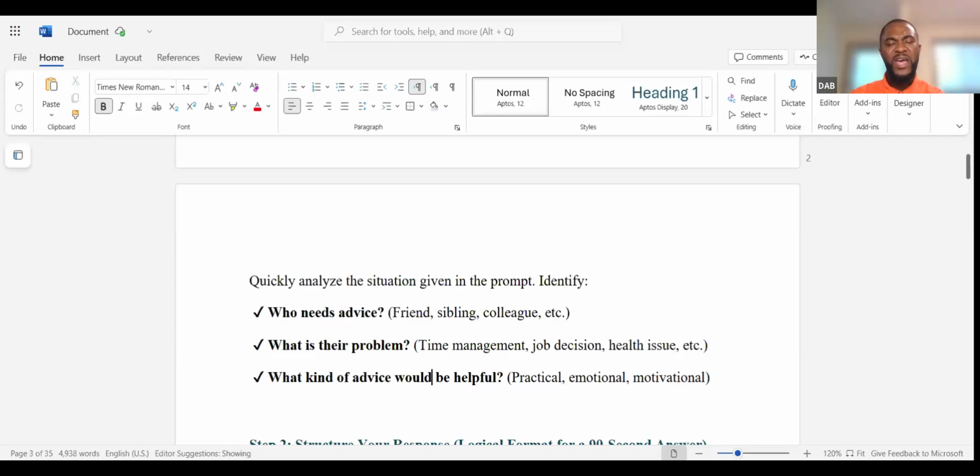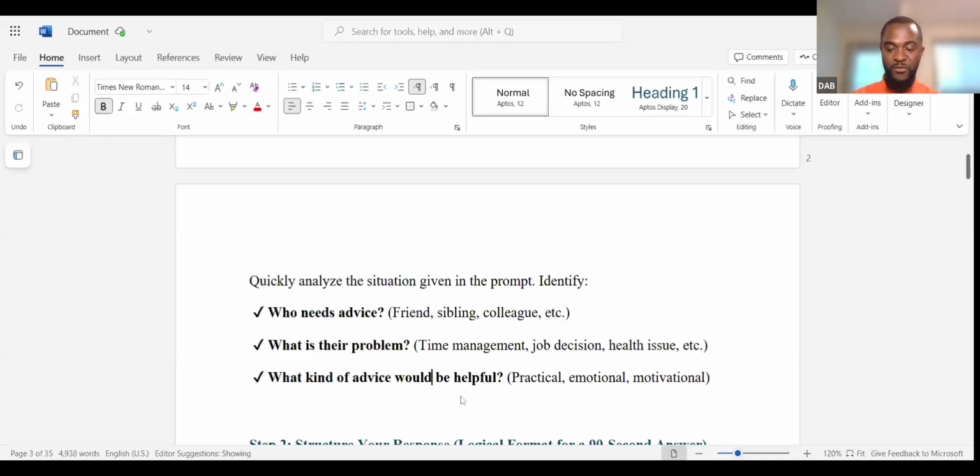Is it about writing an examination? You should know the problem at hand. Then you should be able to know the kind of advice that would be helpful. Is it emotional advice, motivational advice, or practical advice? Sometimes you should suggest 2 or 3 strong reasons that you are basing on to advise the person.